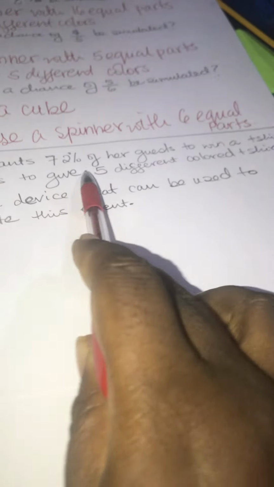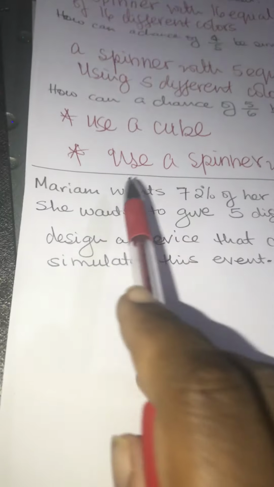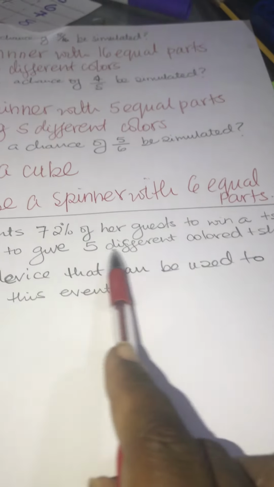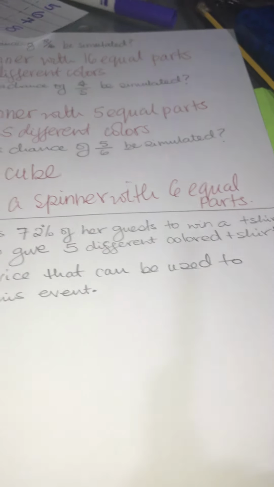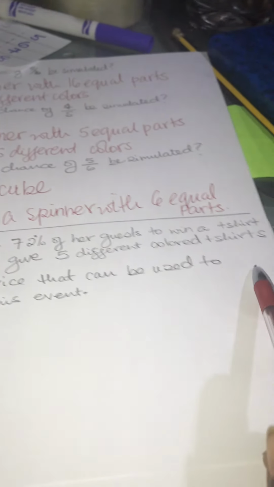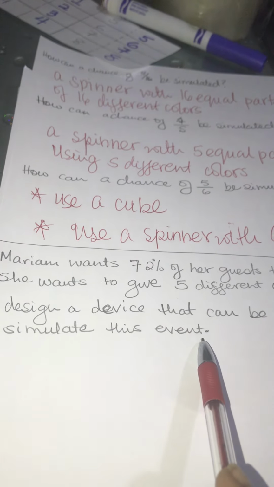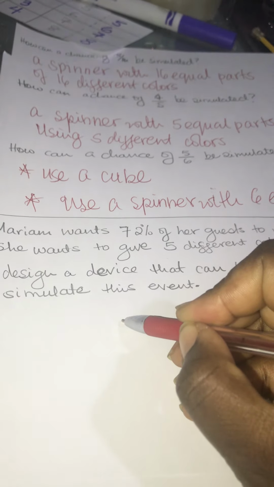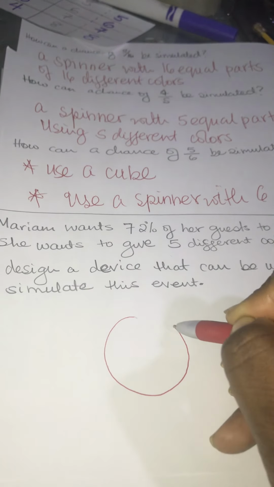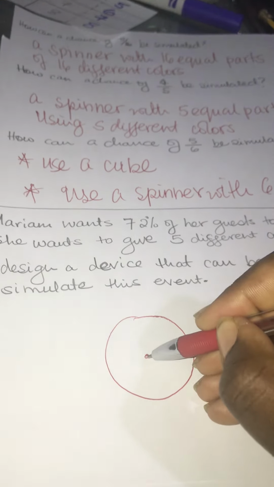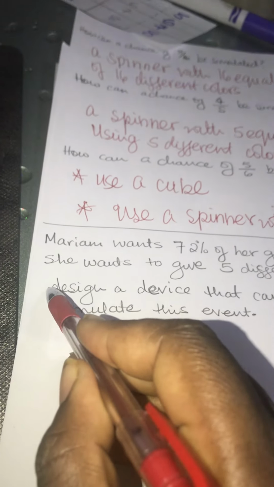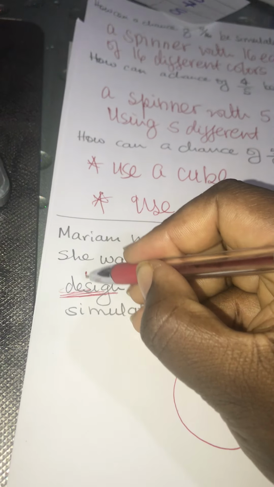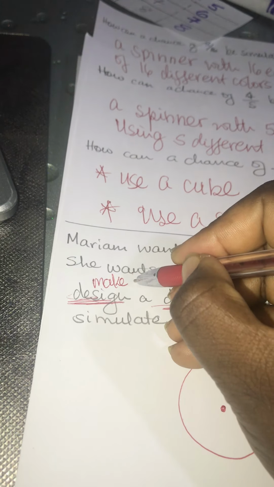Mariam wants 72% of her guests to win a t-shirt. She wants to give 5 different colored t-shirts. Design a device to use to simulate this event. So, she will draw a spinner. Design means to make, to draw.